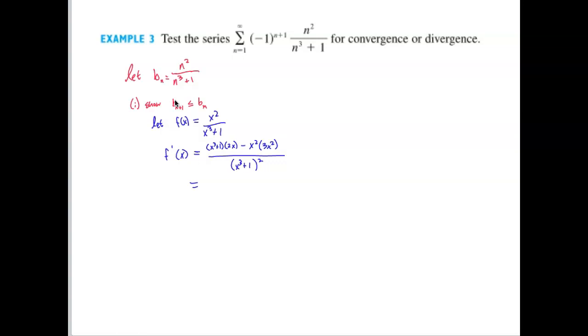I can factor out an x. What would I be left with? 2x cubed plus 2 minus 3x cubed.